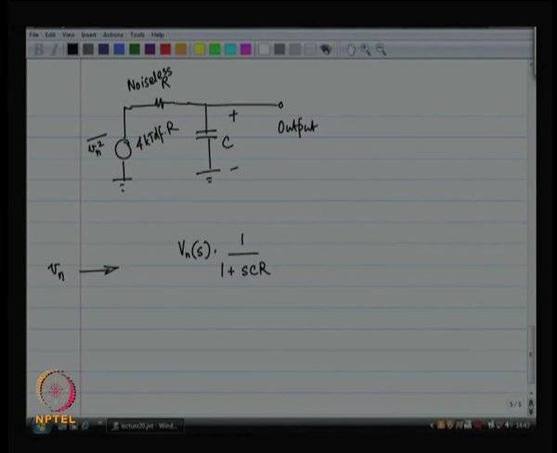So, the voltage across the capacitor has a Laplace transform that is like this. Let us not write Laplace transform, let us convert it to j omega.